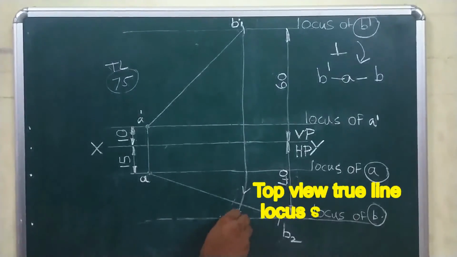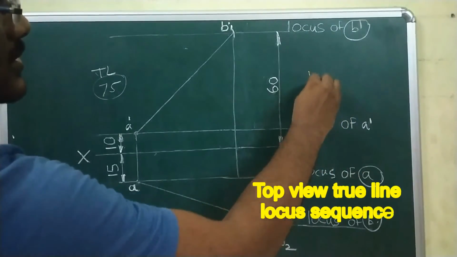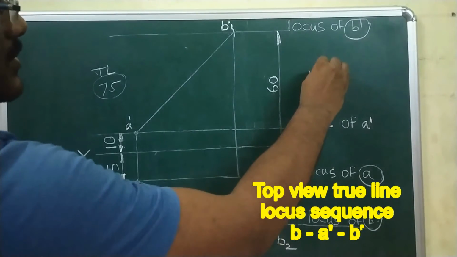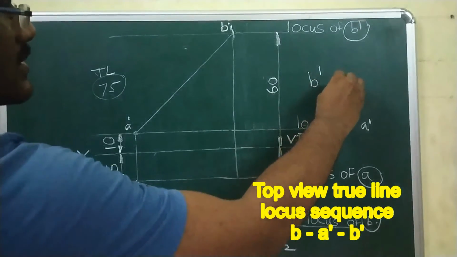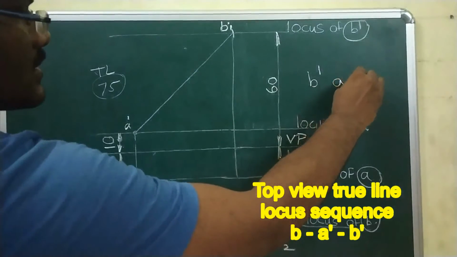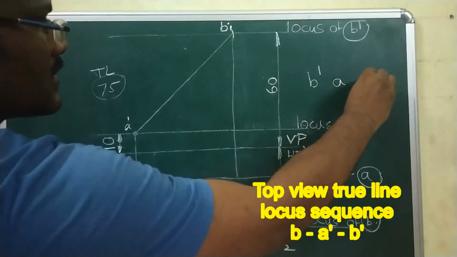In most problems, the true line sequence will look like this. Similarly, please make a note of the apparent line sequence also. Right, now let's proceed.